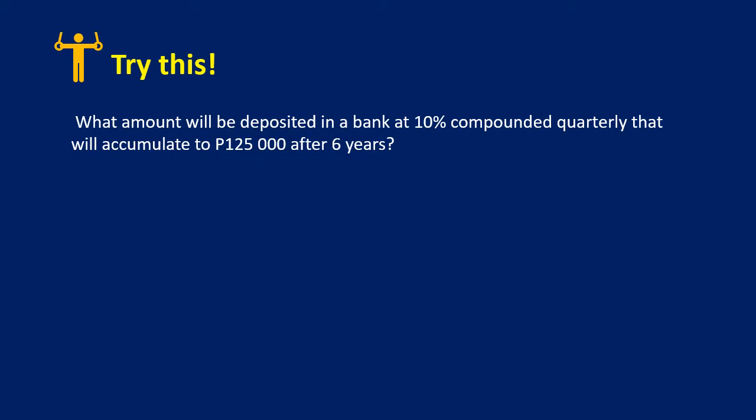Assuming that you have paused your video, take note that this is just the same as the previous example, right? Although this is not borrowing, the point is you want to have 125,000 after 6 years. You want to know how much money you should invest.